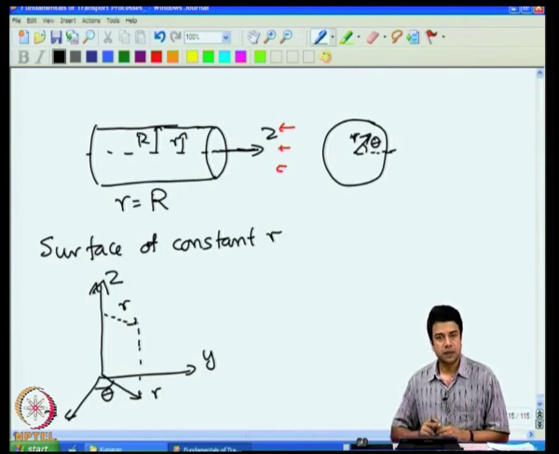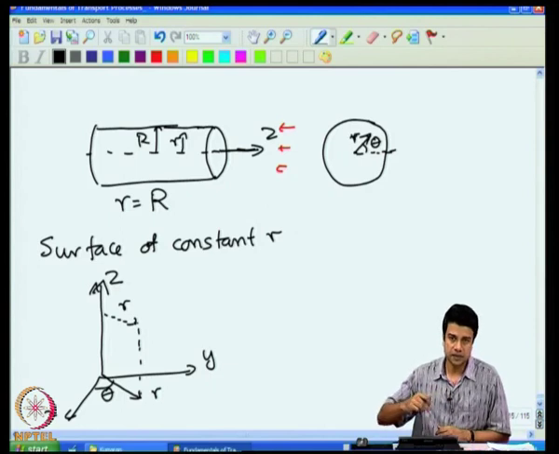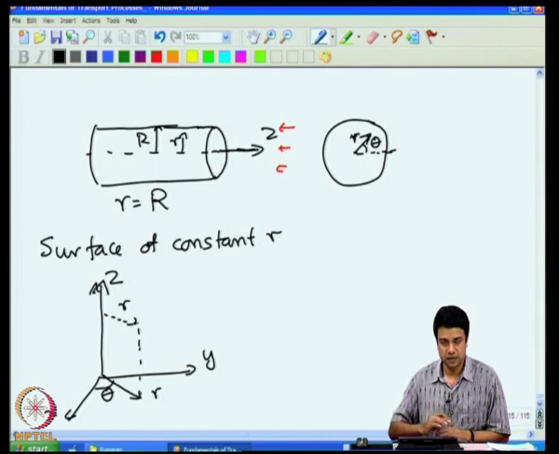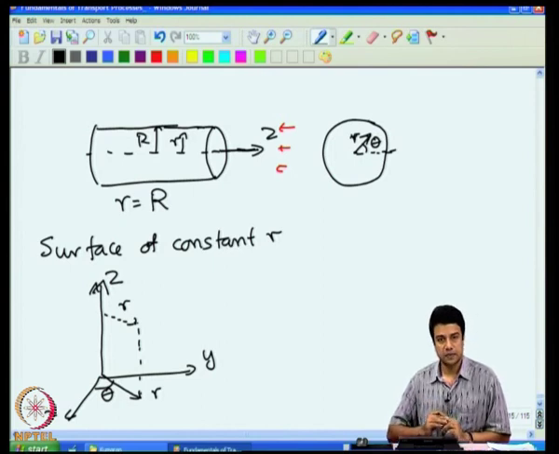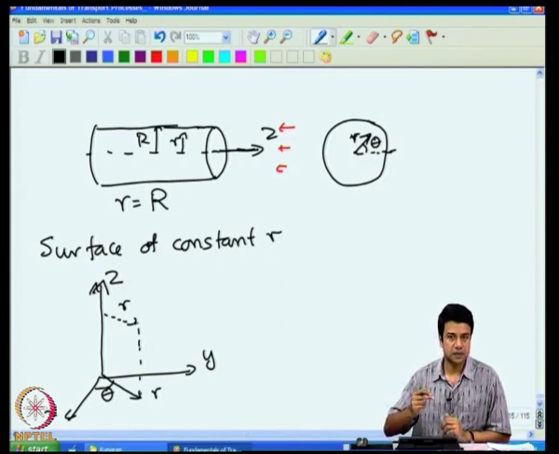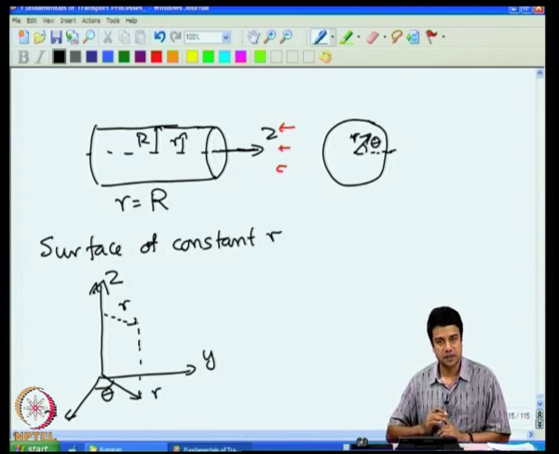Now, if the problem is axisymmetric, that means as you go around the axis, there is no change in the temperature, concentration or momentum fields. So, there is no dependence on theta, in which case the fields will depend only upon r and z. The flow in a pipe, for example, is axisymmetric. At a given distance from the axis, if I go around the axis, there is no change in the velocity.